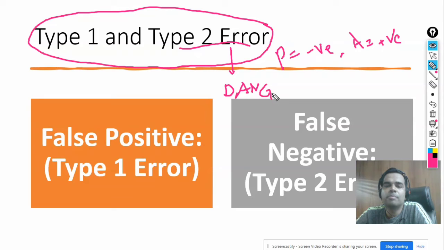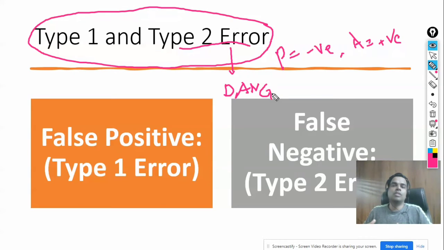Think about it: our model predicts that a patient has no disease. But what happens if actually the patient has a disease? Model predicts nothing happened, but actually it has happened.